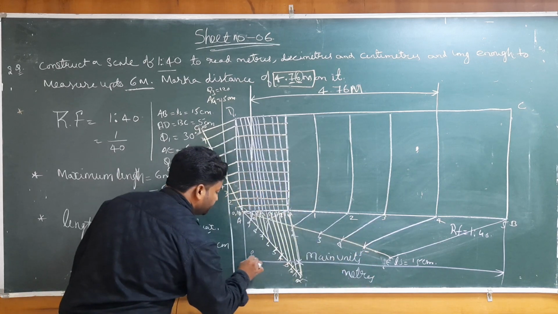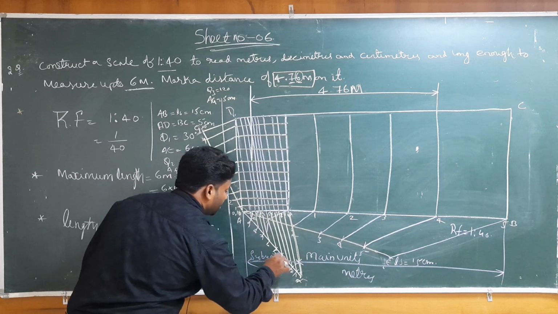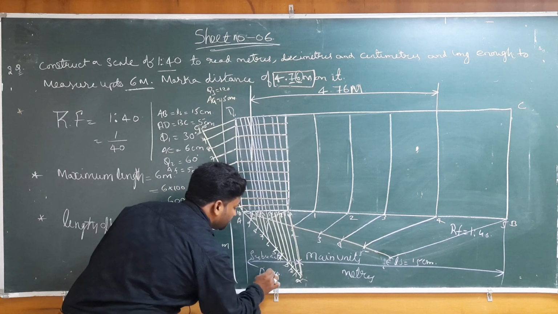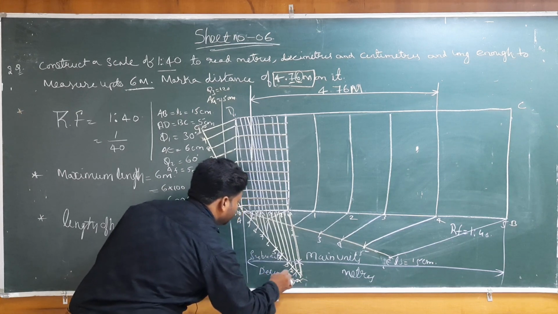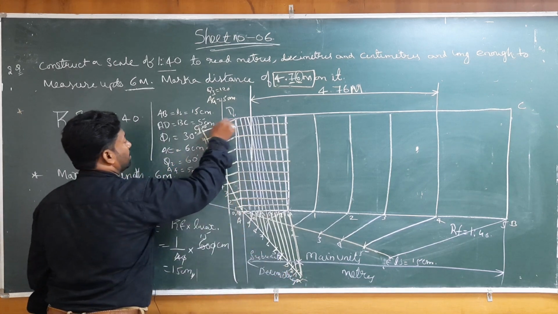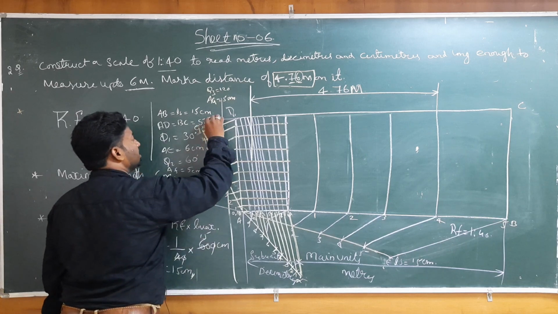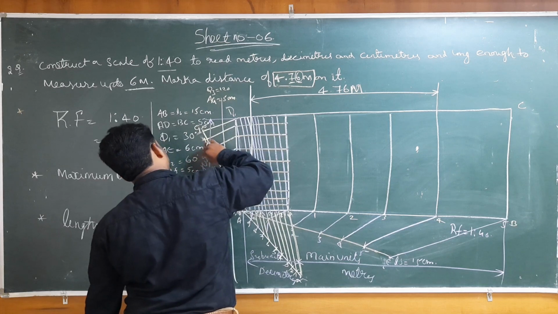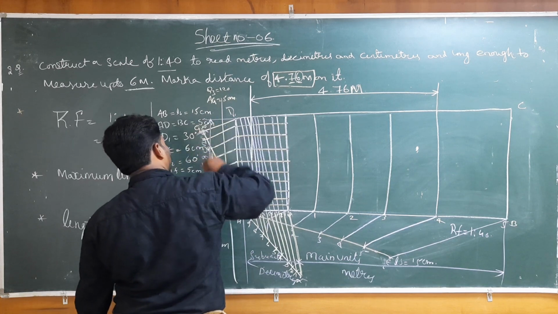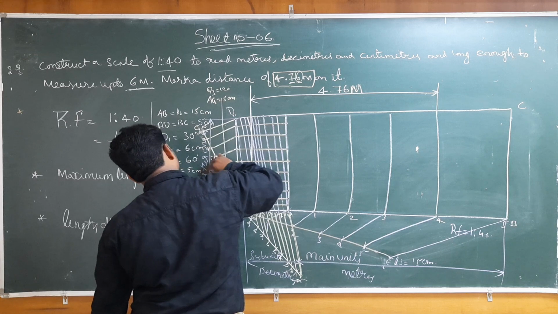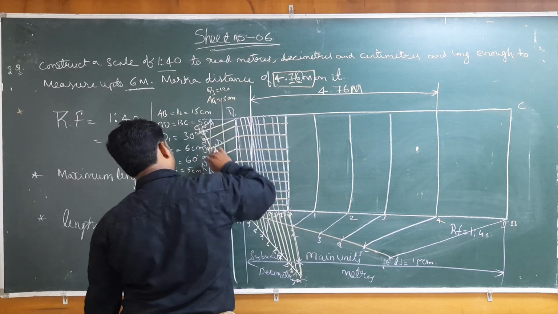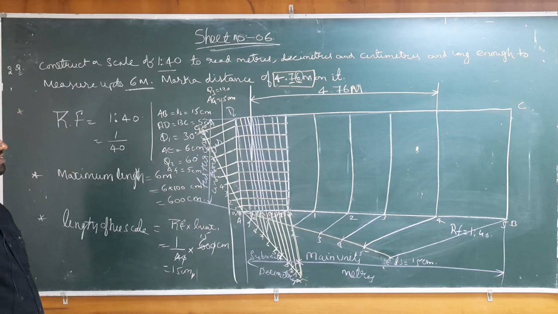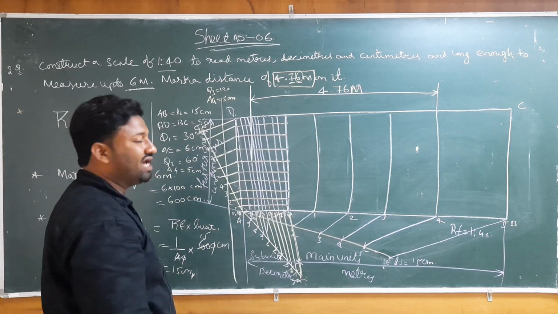This is the subunit, which is in decimeters. Now this is our third one, that is nothing but the further units, which is in centimeters. So like this we have to represent each and everything in this diagram.